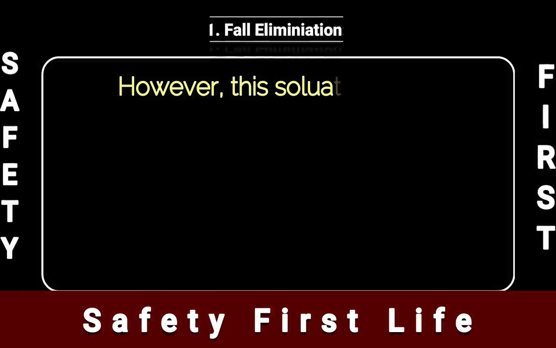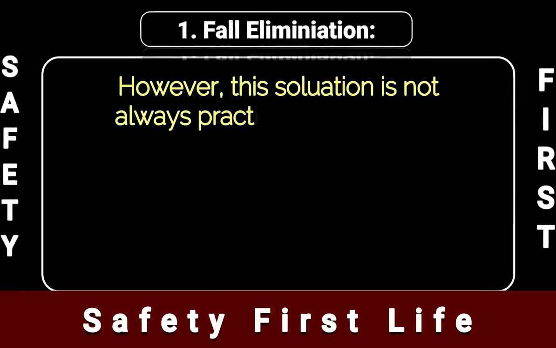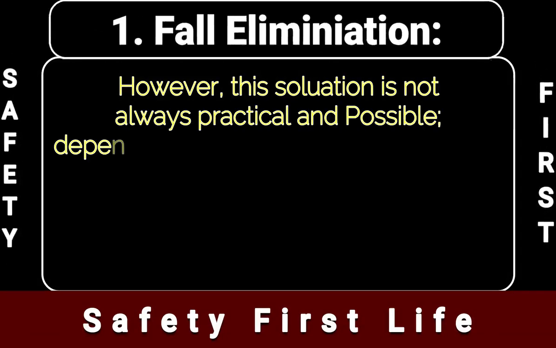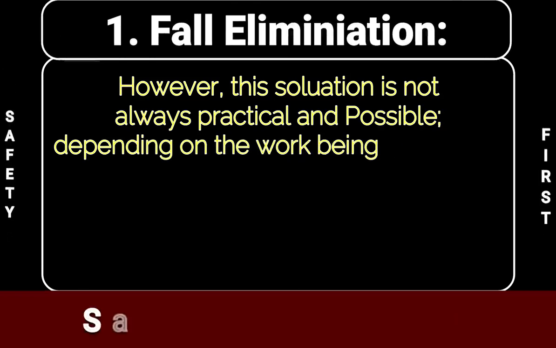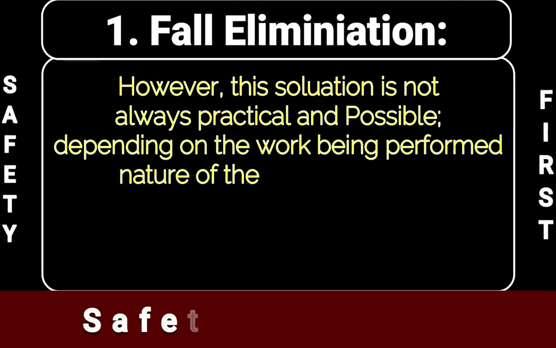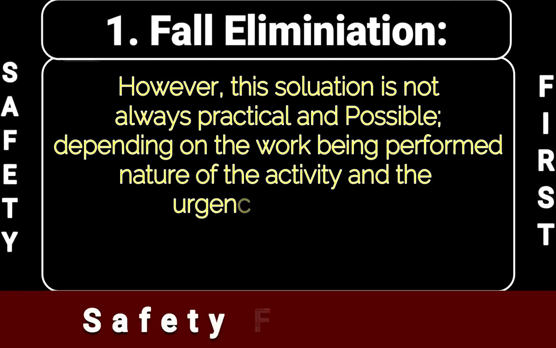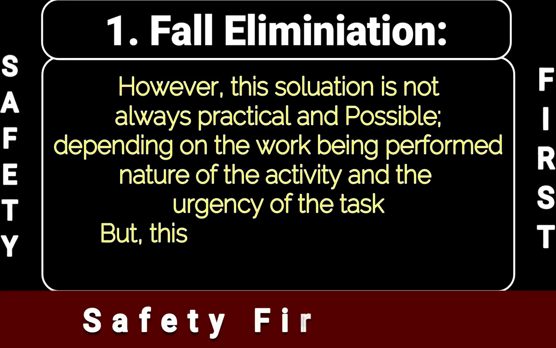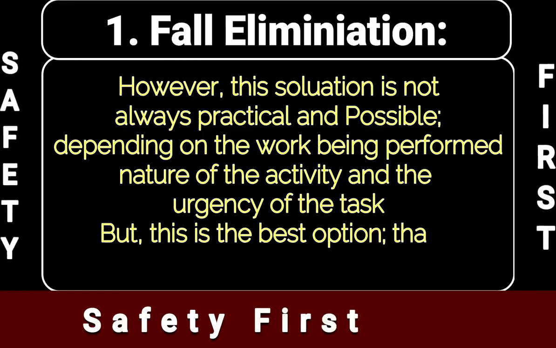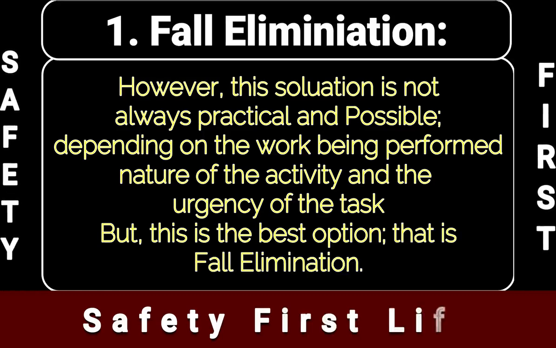However, this solution is not always practical or possible depending on the work being performed, the nature of the activity, and the urgency of the task. But this is the best option, that is, fall elimination.